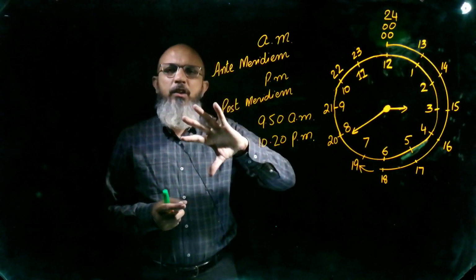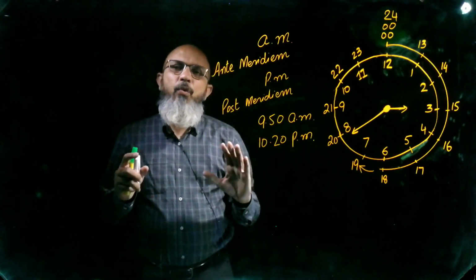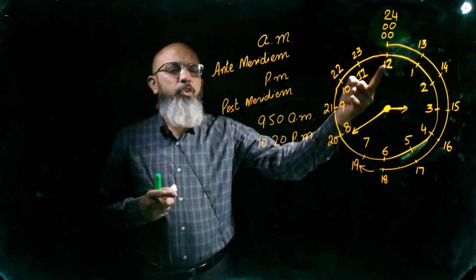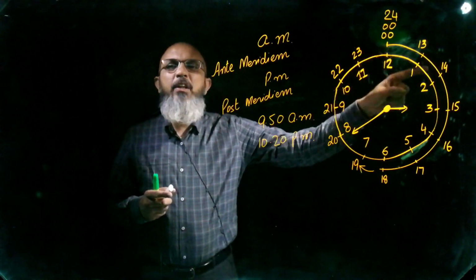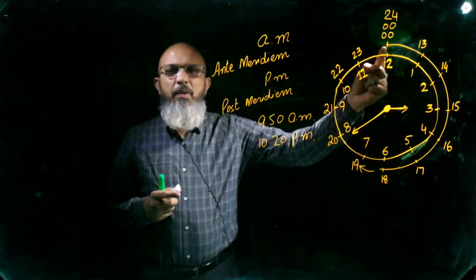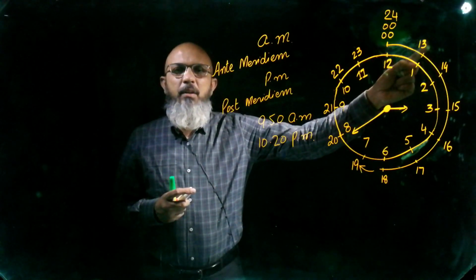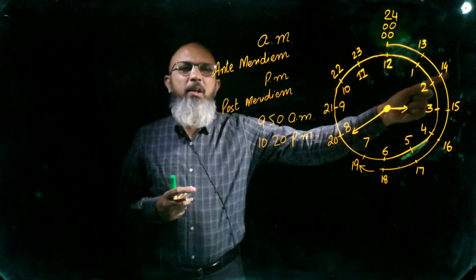As you know, there are 24 hours in the whole day, but the clock shows 12 hours, so we repeat these 12 hours. After 12 at noon comes 13, then 14.